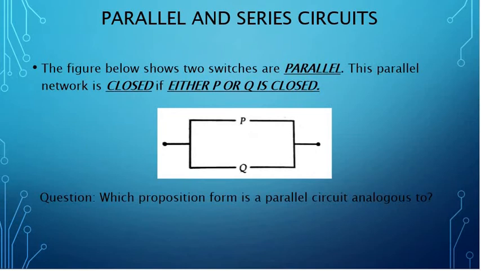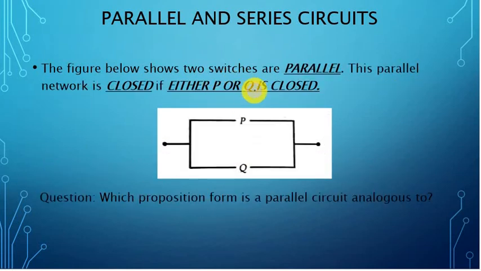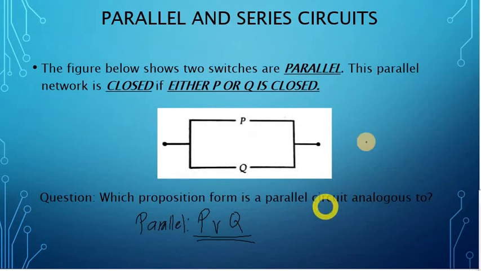So in the series network, both switches must be closed, while in parallel, either P or Q is closed. Based on that, which proposition do you think is analogous to a parallel circuit? If you thought of P or Q, then you are correct. A parallel network is analogous to the propositional form P or Q.